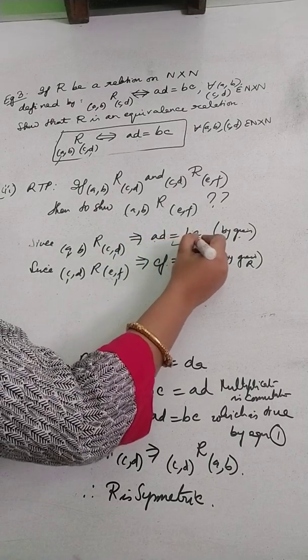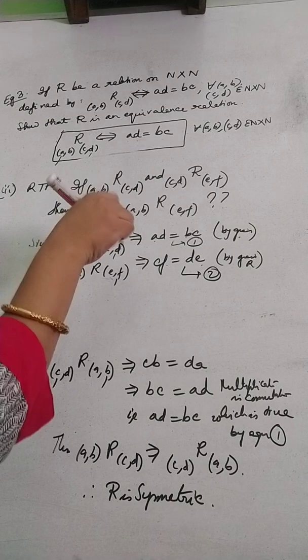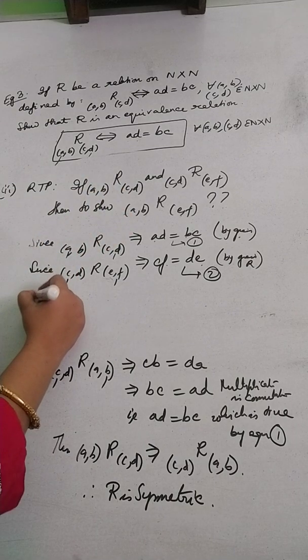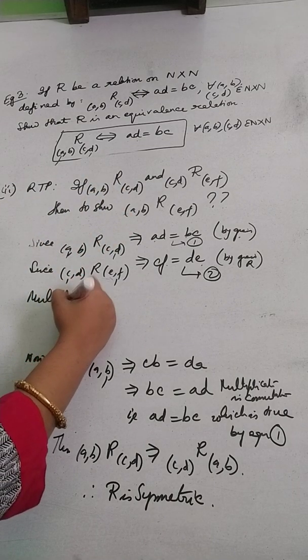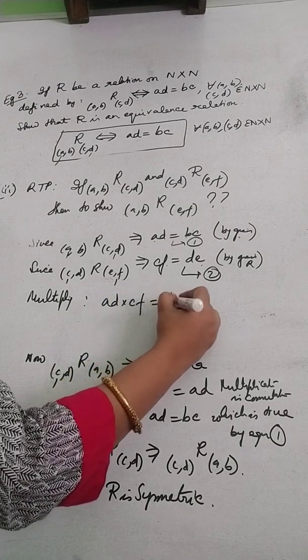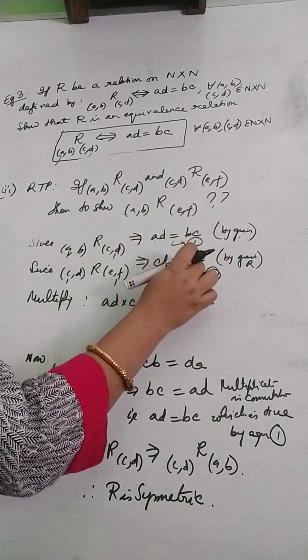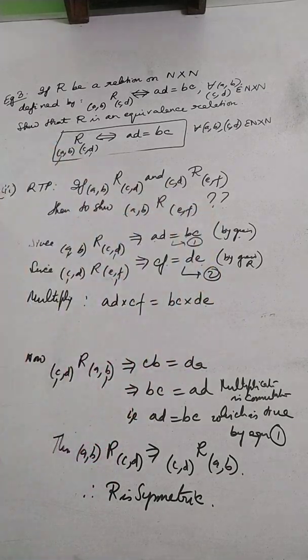Or what you can do is, I'm writing this as equation 1 and equation 2, and multiplying corresponding terms. That is AD into CF is equal to BC into DE. If this is equal to this and this is equal to this, that means their products also should be equal. That is the concept I am using.